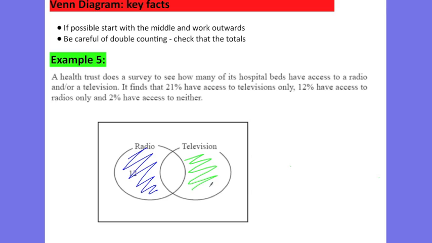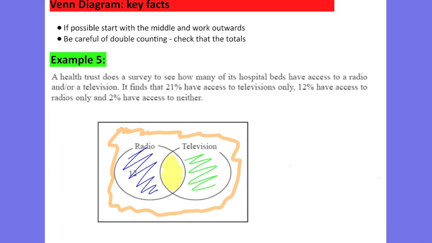Here, where I have shaded green, is television only. Here, where I have shaded yellow, is radio and television. And everything around the outside here is no television, no radio.